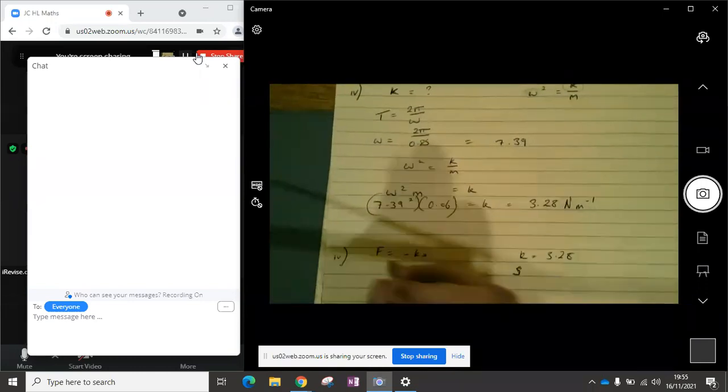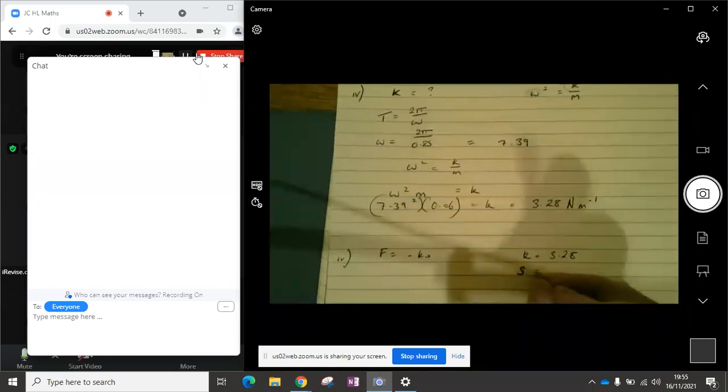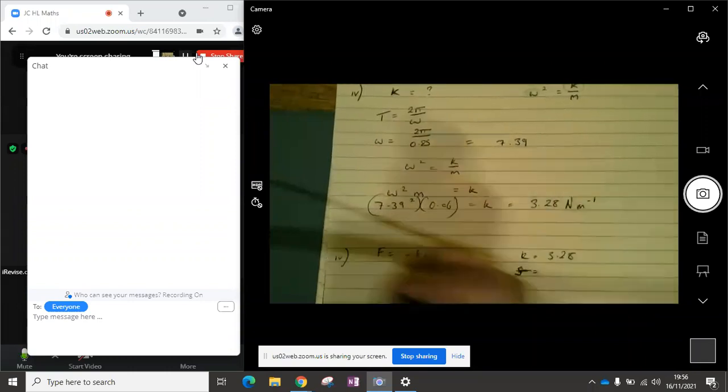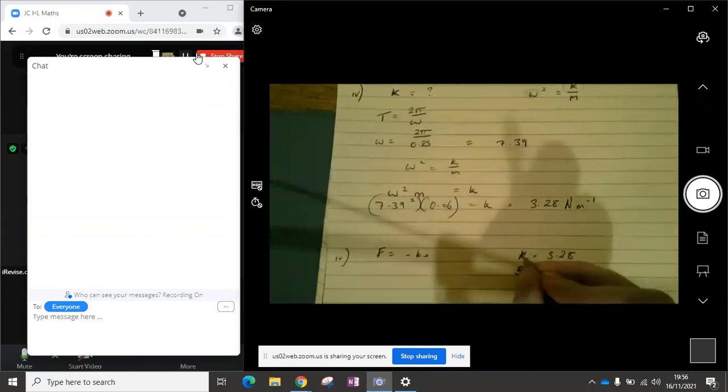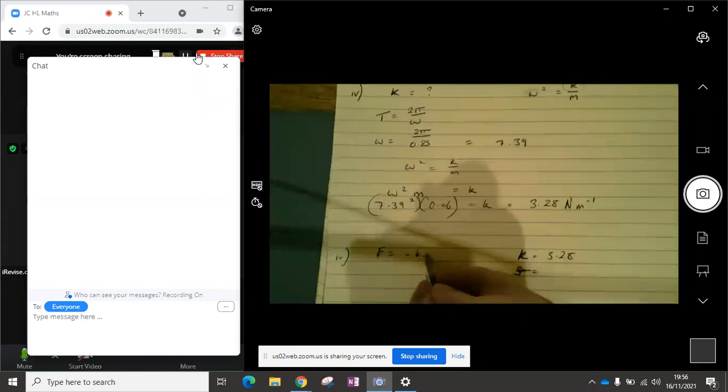Okay, so F is equal to minus Ks. S we're not sure of. We know what K is. We don't know what F is. We don't know what S is.